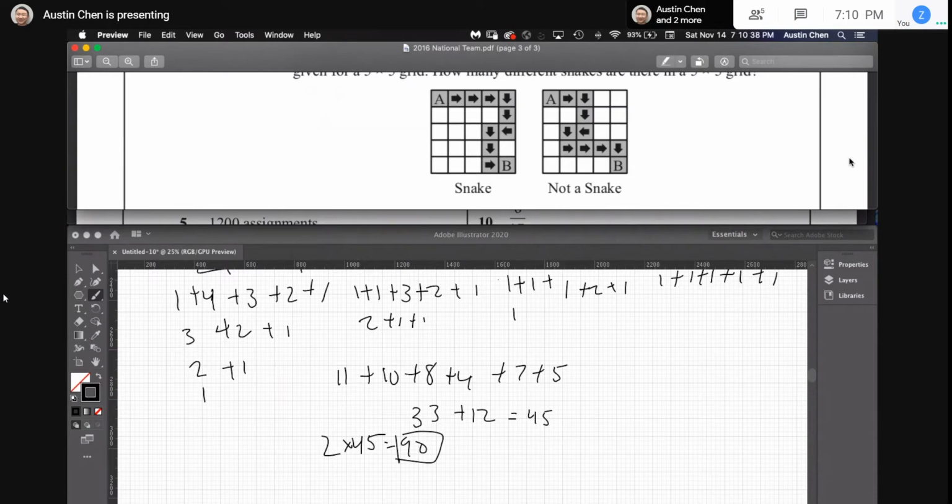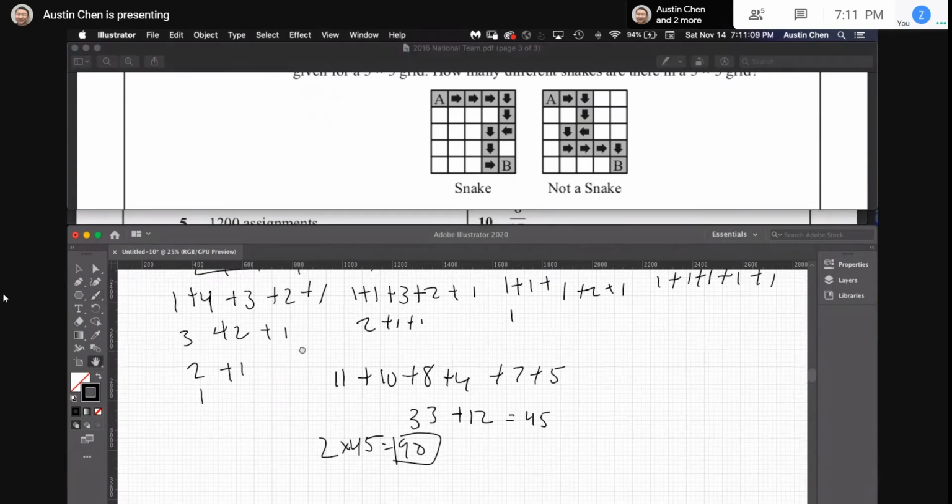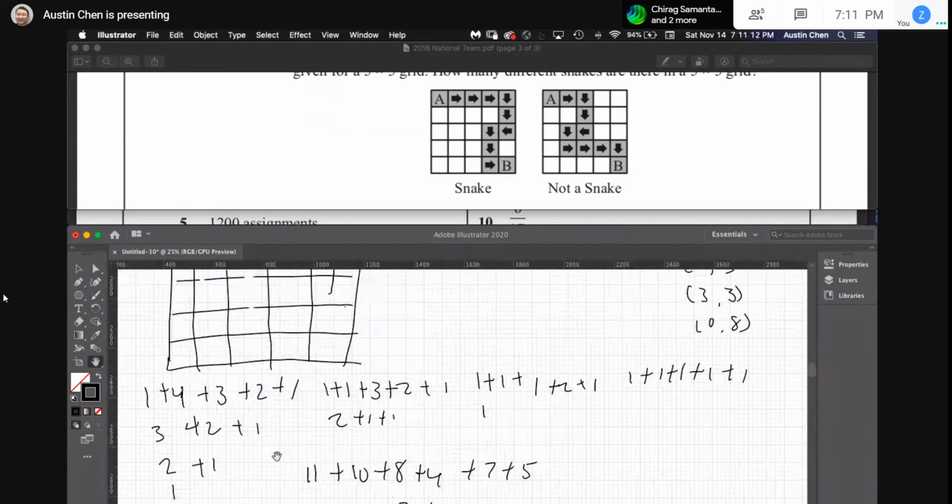Unless you could try counting the cases that are not a snake. Oh yeah, but that's also really hard. That will prove to be interesting, I would say. No, yeah, I think that would be even harder actually. But there really isn't a good way to do this. So this was the best way I can think of to do it. But yeah, it is really easy to make mistakes here, and it takes quite a while.